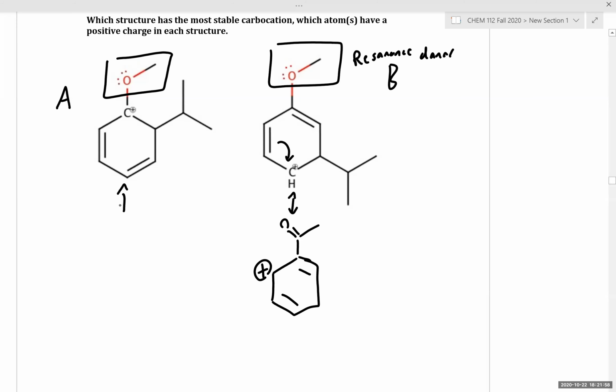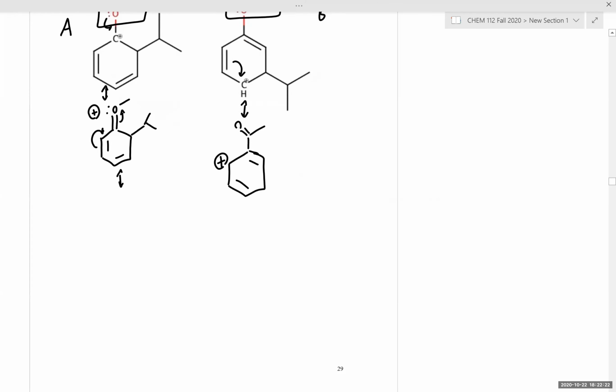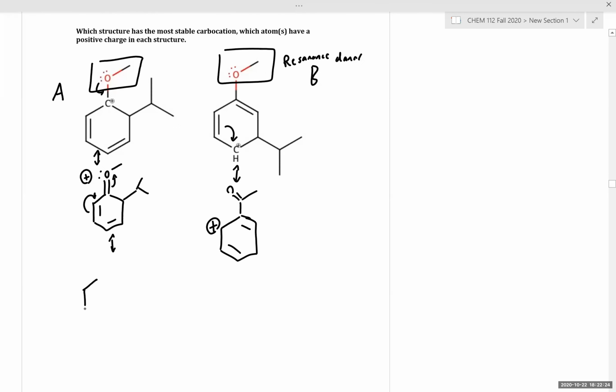So to help us branch out this discussion, let's draw a few of our resonance structures. So for structure A, we can see the following resonance structure. We can also observe, let's zoom out a little bit so we can observe the resonance structures as a whole.